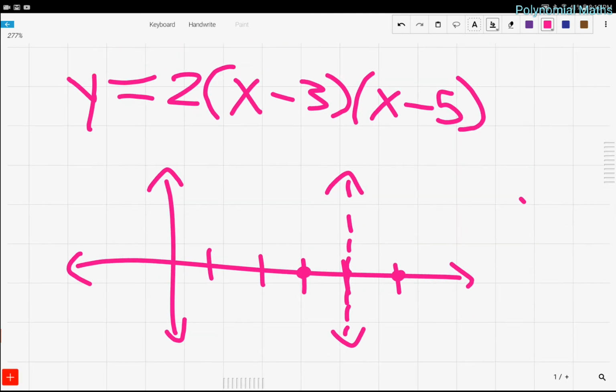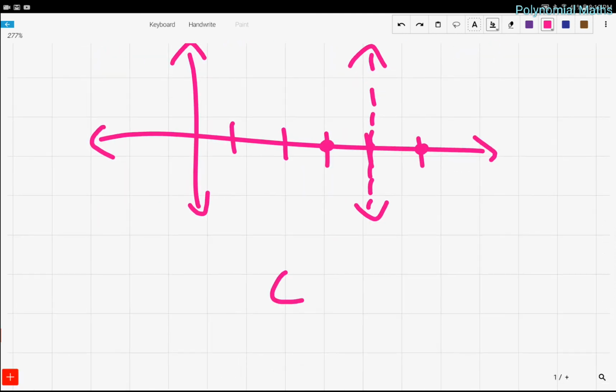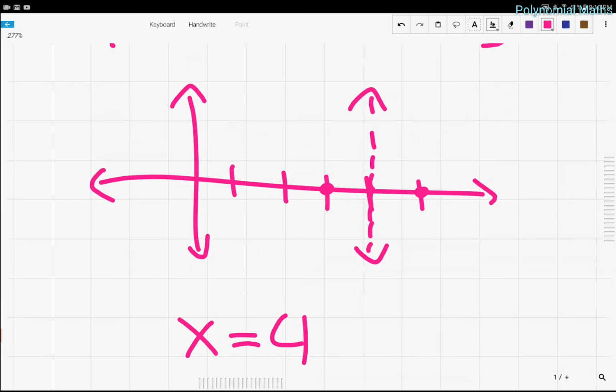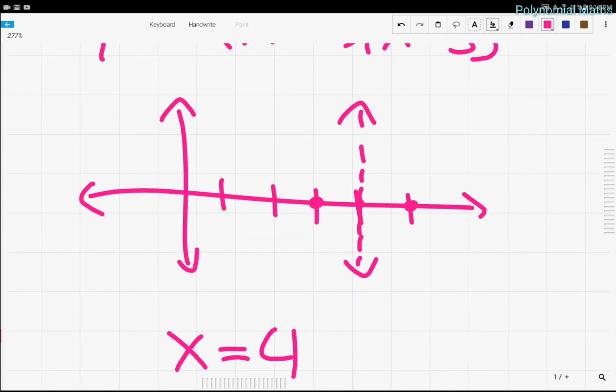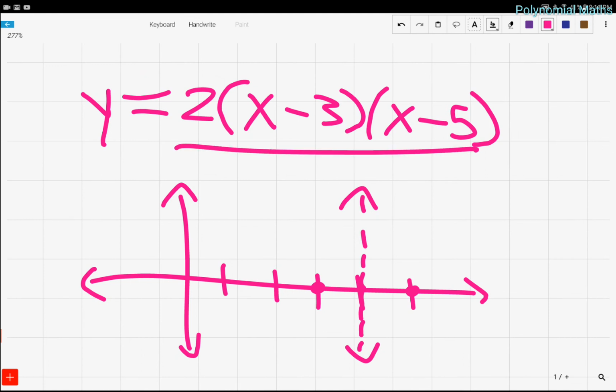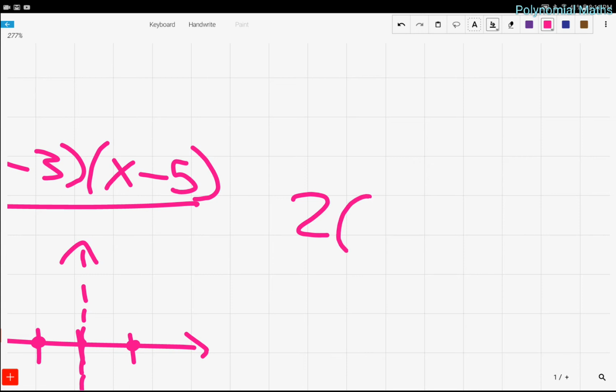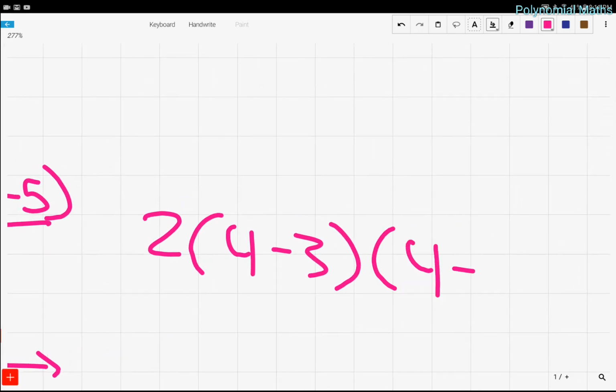Well, it's just the average of 3 and 5, which is 4. So the line that our vertex is on is x equals 4. And plugging x equals 4 back into this right here, we can then solve for y. So we get 2 times (4 minus 3) times (4 minus 5).